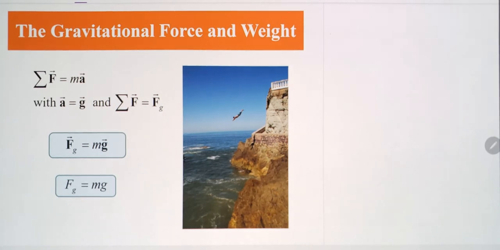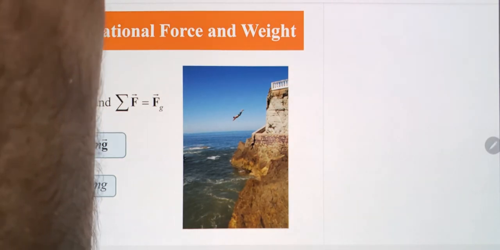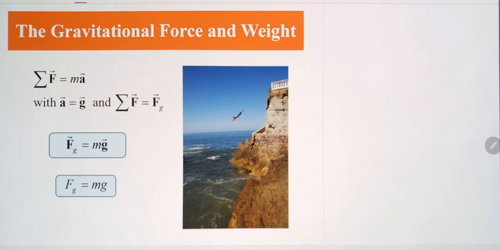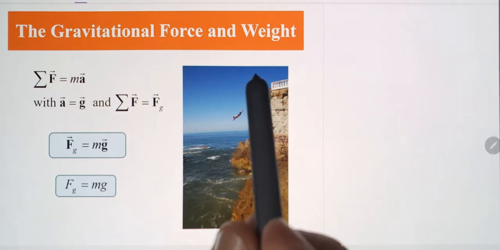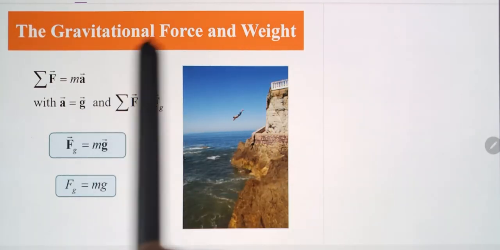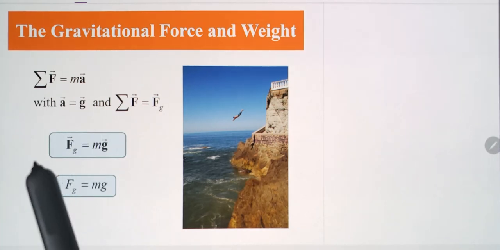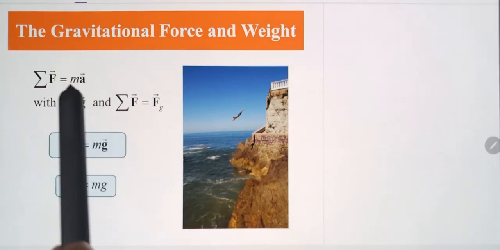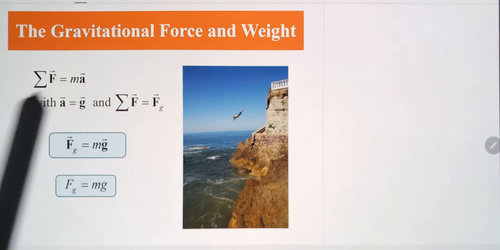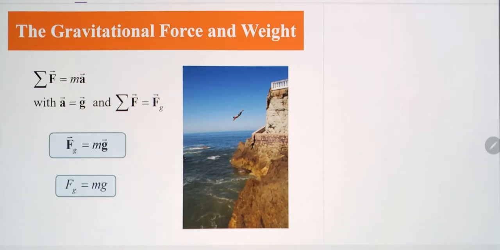Now let's come to the concept of gravitational force and the weight, as we said. We know that F equals ma is a general law if we have an inertial frame of reference, meaning our frame of reference is not accelerating.